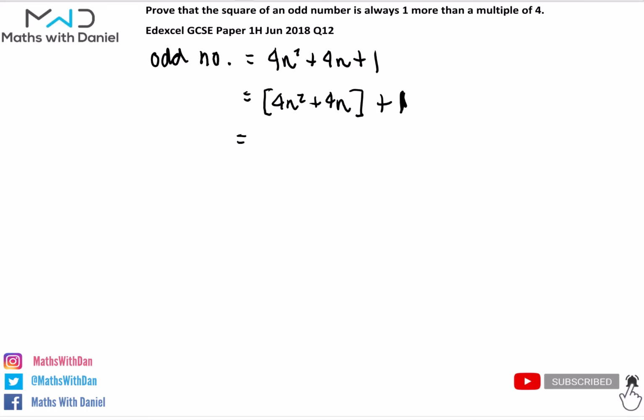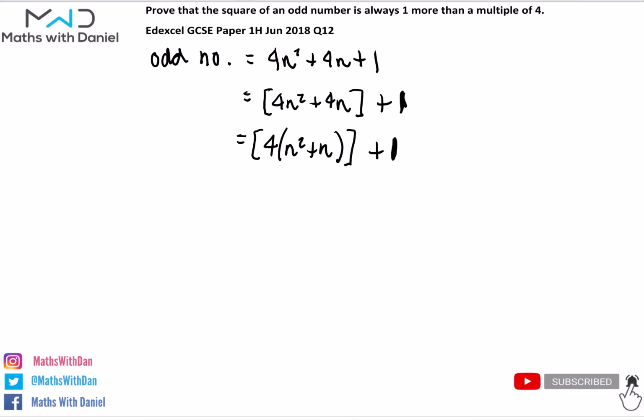Now if I look at the expression in the bracket, I can clearly see that there's a common factor of 4 in both terms. So we can factorize. If I factor out 4, I'm going to get n squared plus n inside, plus 1. And remember what I said at the very beginning: something that is a multiple of 4 will have 4 as one of its factors.